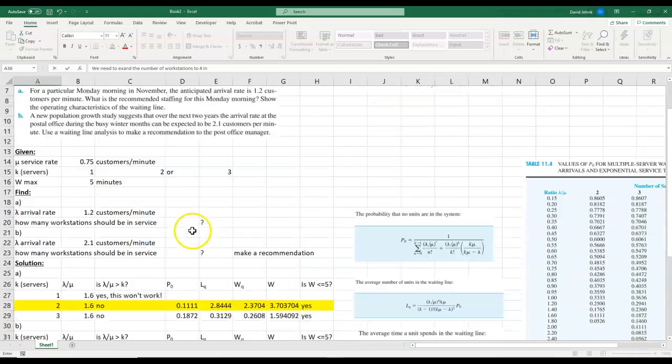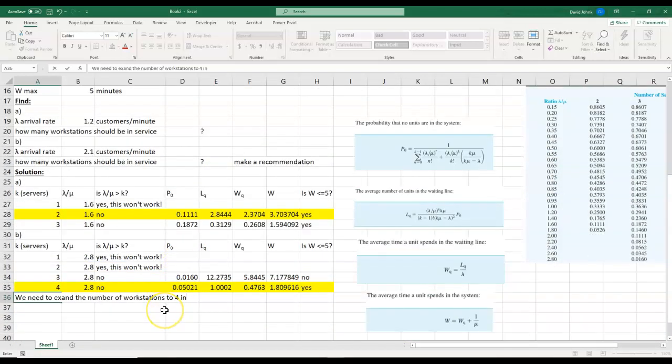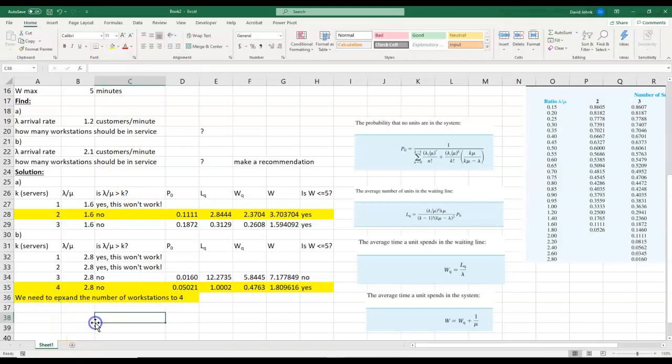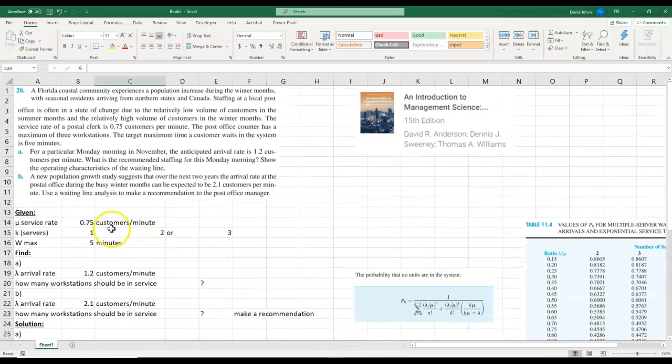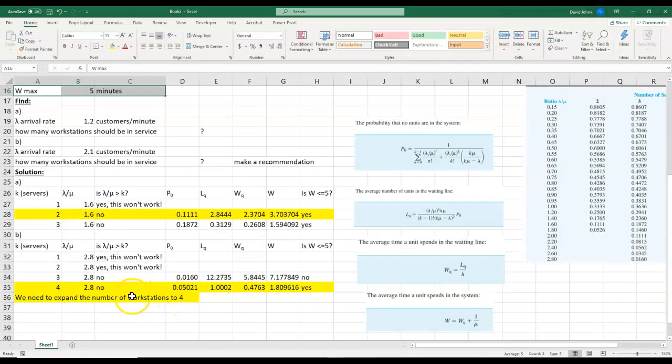This is going to be in 2 years. Well, we just say 4. We don't know when it is. Let them decide when they want to do it. But in order to meet that requirement of 5 minutes or less, you need to expand the number of workstations to 4.